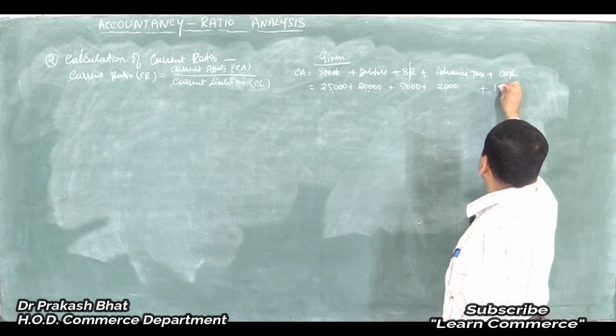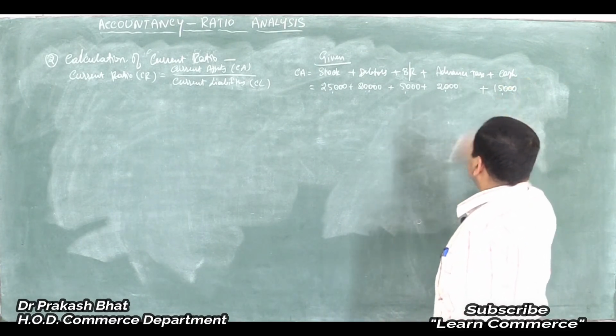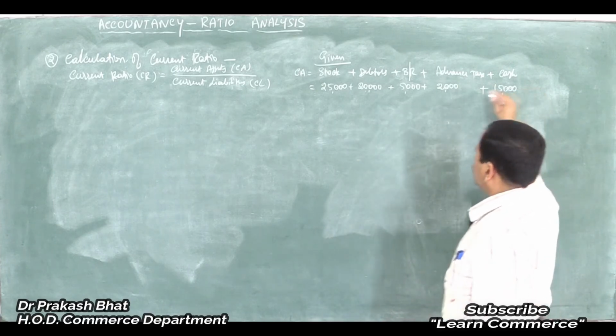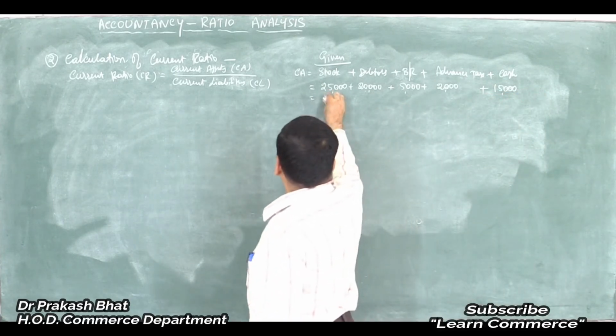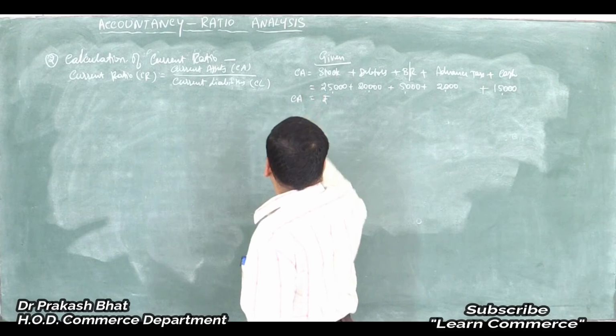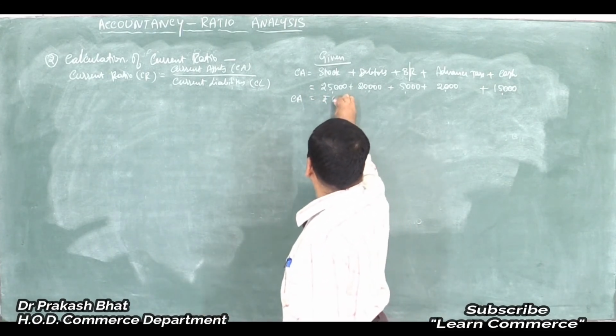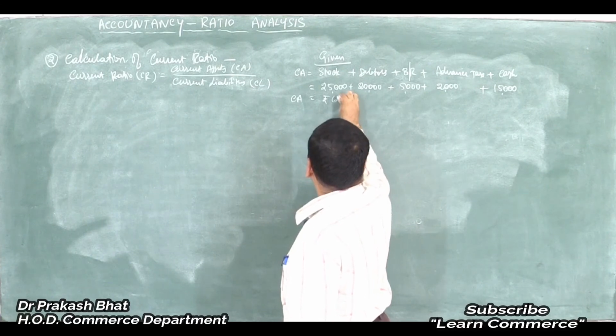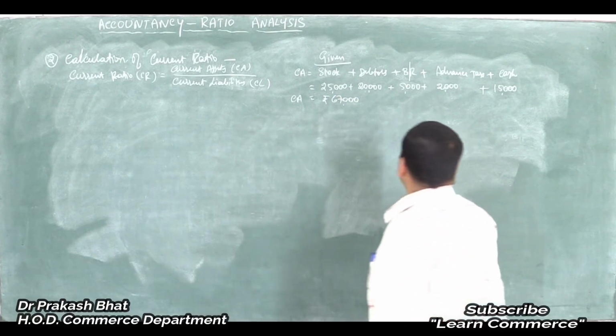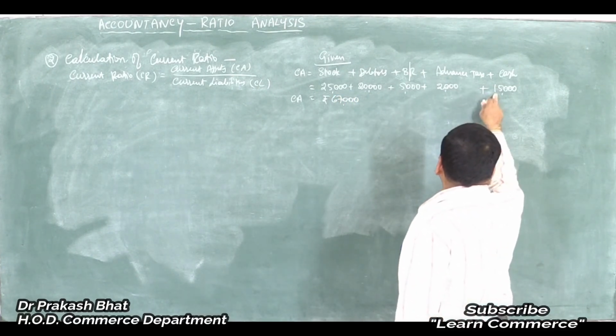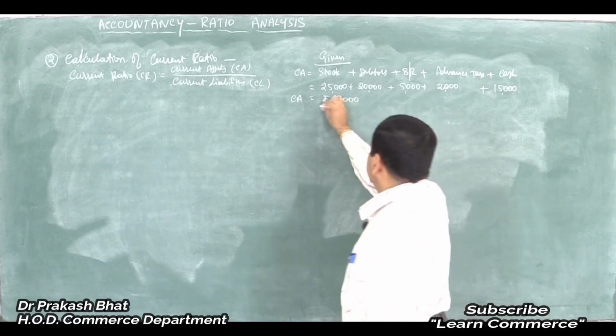Am I correct? 15,000 is equal to how much? CA is equal to rupees 67,000. 45, 52, 67. Yes, correct.